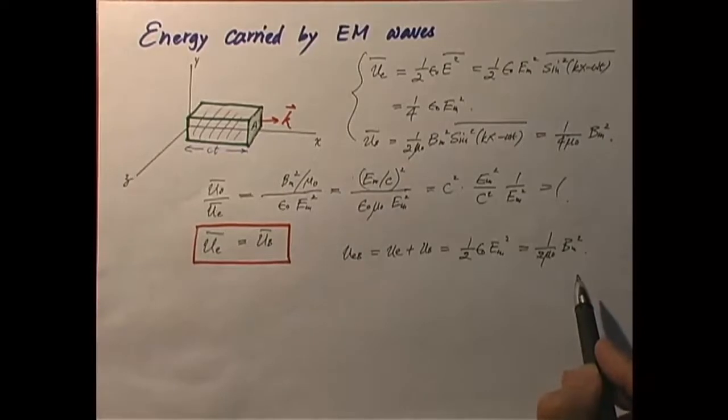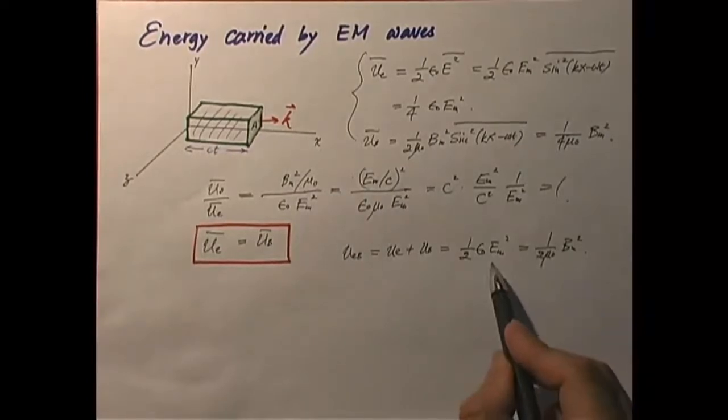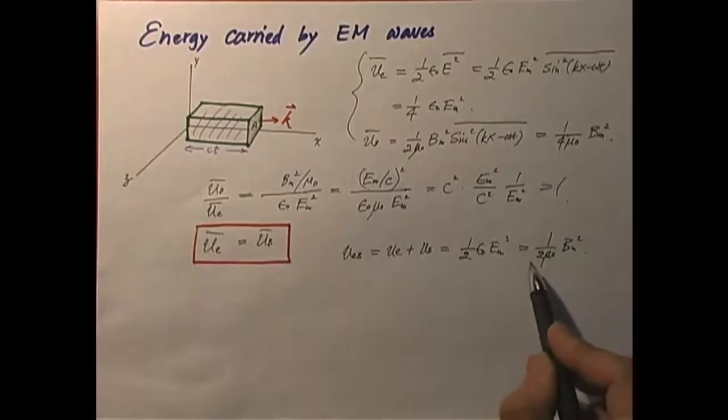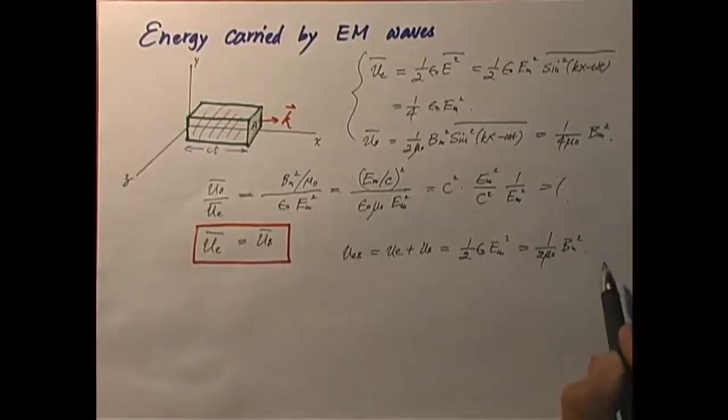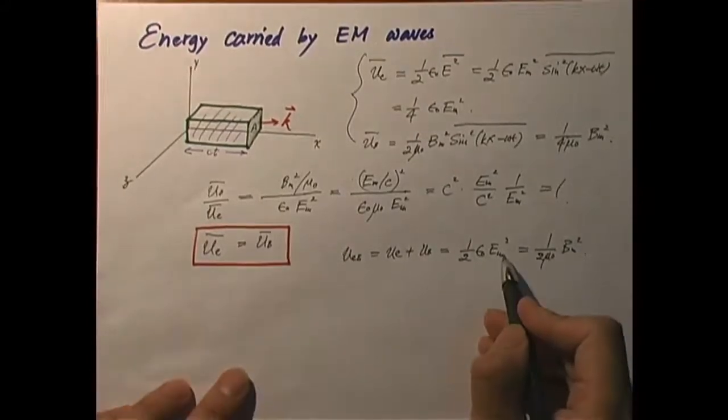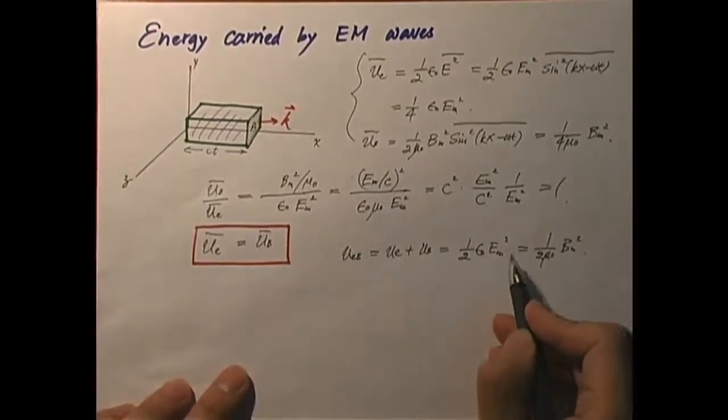Okay? Now, is there a way I can rewrite either of these so that they become more symmetrical about E and B? So I'm going to include both E and B together in the same expression. Well, of course, it turns out I can easily do that. I'm going to break this E maximum here into E maximum times E maximum.